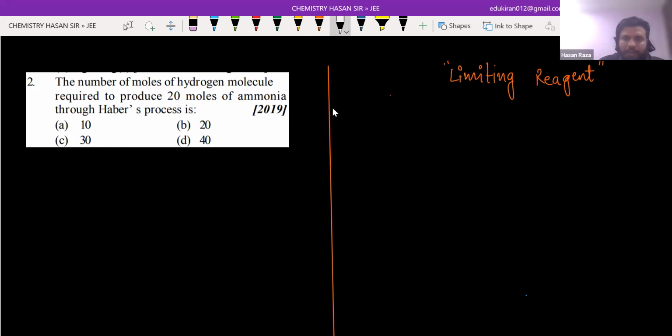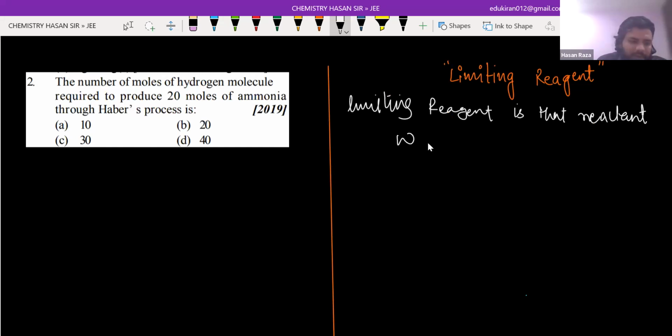Basically, we can write: limiting reagent is that reactant which limits the product.